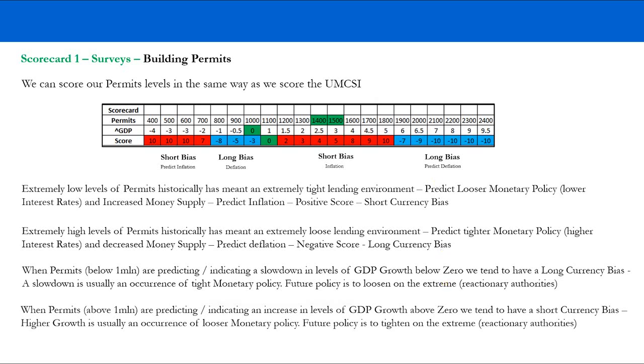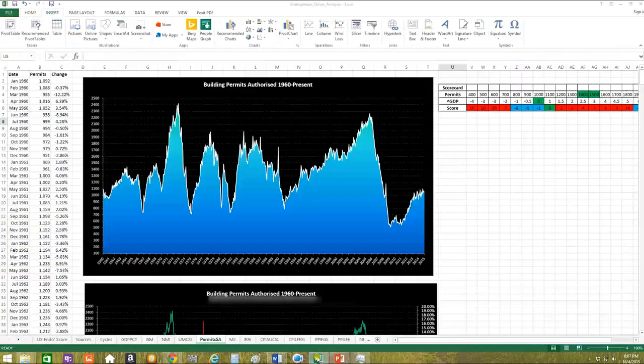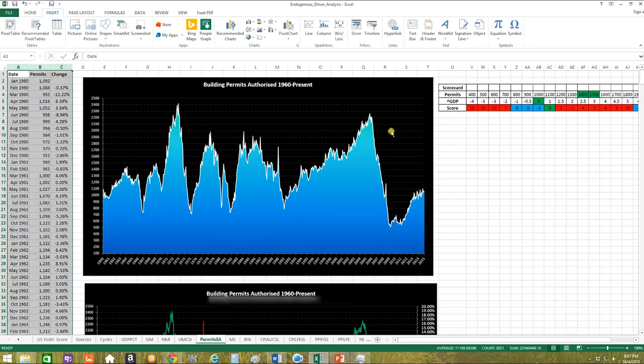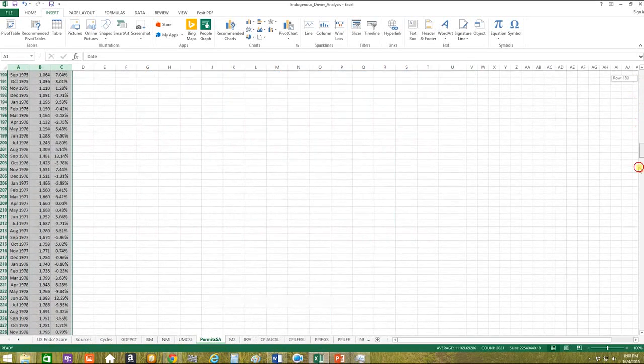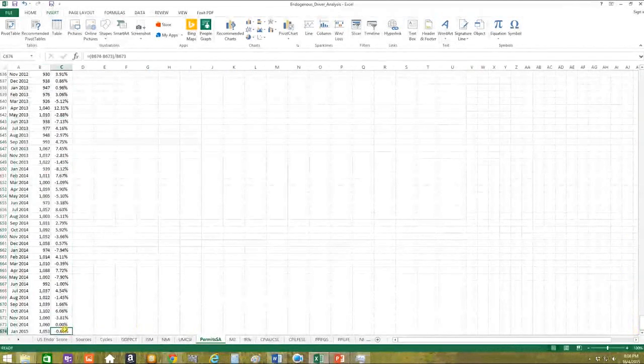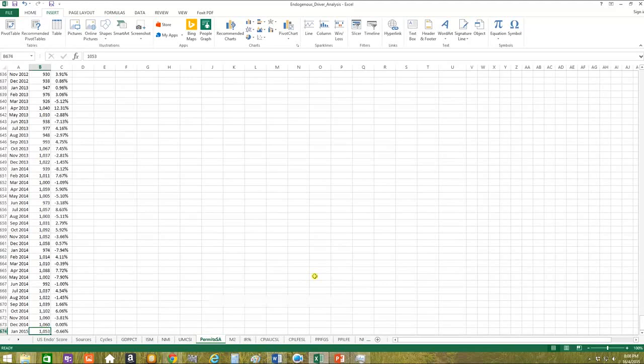So we can now look at them both and have a look at what scores we're very likely to give them. So if we go over to the spreadsheet, and we're in the permits seasonally adjusted sheet here, and you can see we've got all the data on the left hand side. And if we scroll down to the latest data, we just remind ourselves that we've got a monthly seasonally adjusted annualized rate in building permit applications of 1,053,000 applications.